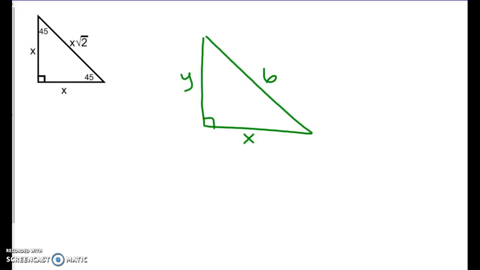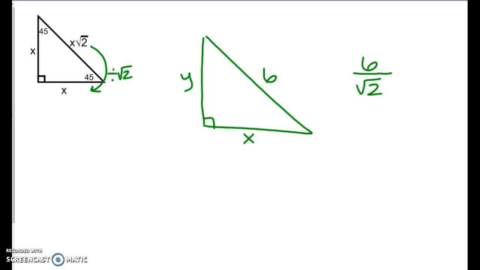Since we're given the hypotenuse, to go backwards from the hypotenuse to a leg, we divide by the square root of 2. So that's exactly what we're going to do in this problem. We're going to take 6 and divide it by the square root of 2.